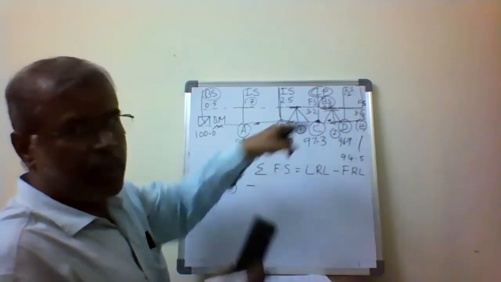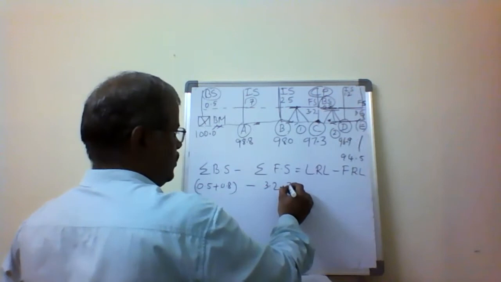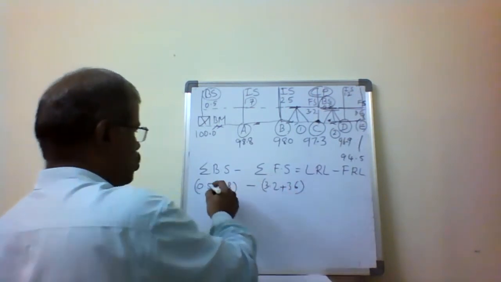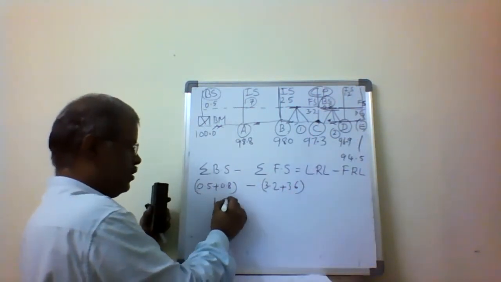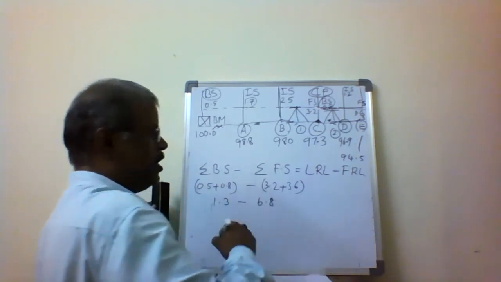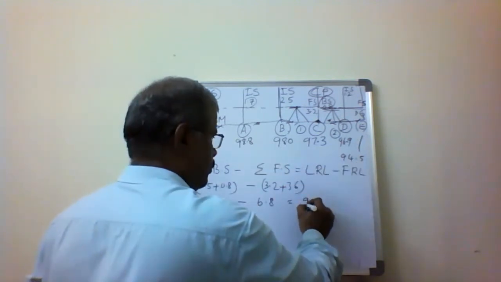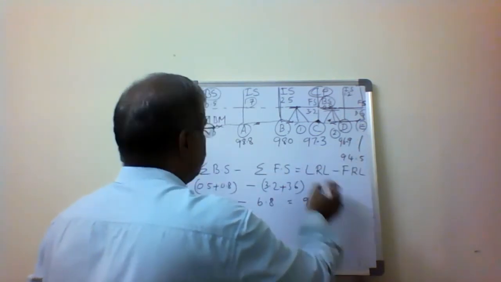Here the foresight is 3.2, and the last one is 3.6. So 0.8 plus 1.3 minus 6.8 equals the last RL, 94.5, minus the first RL, 100.